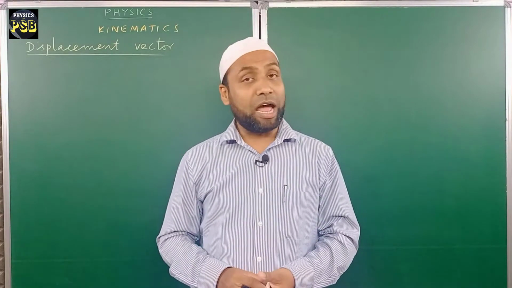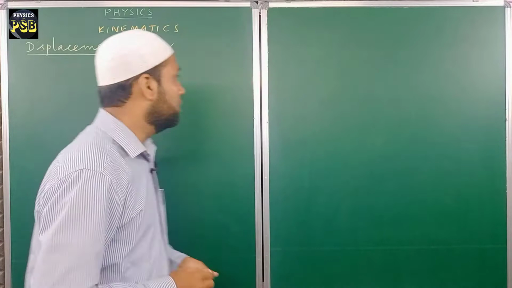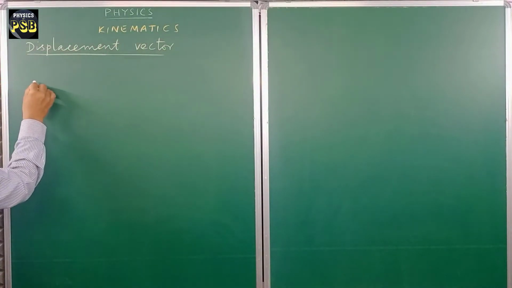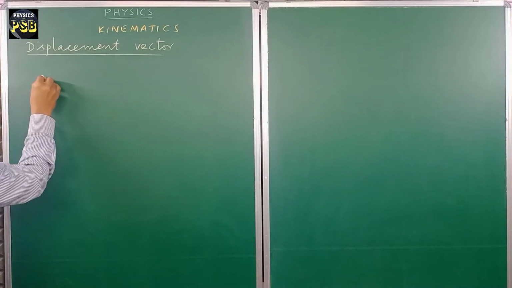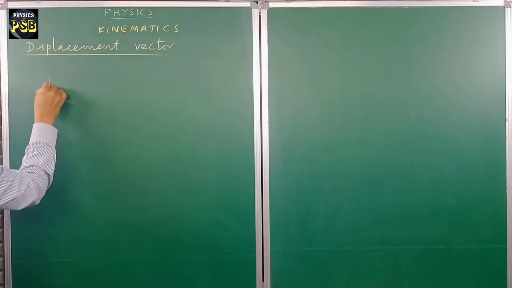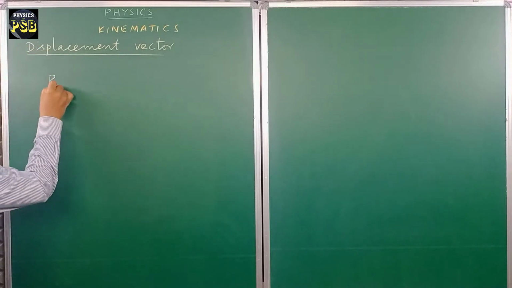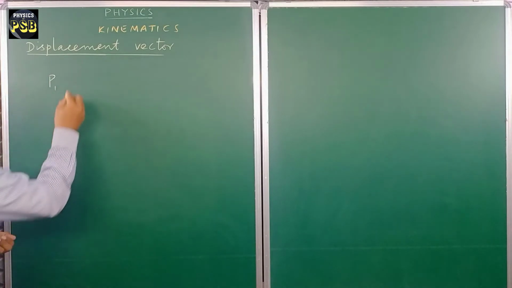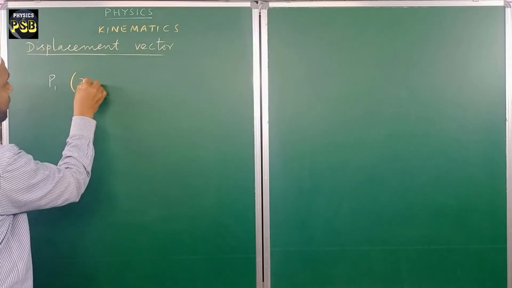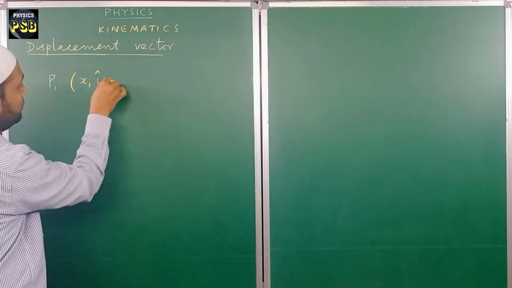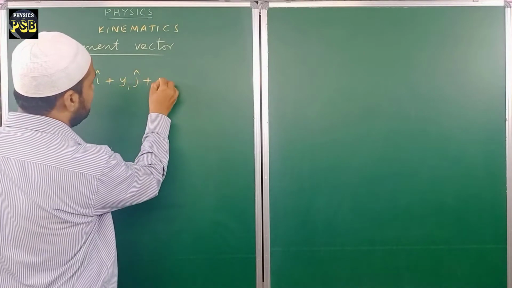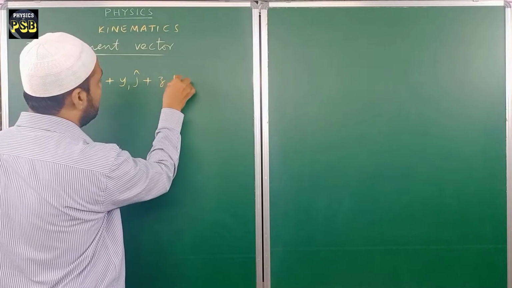For that, I consider an object whose position is P1 at any given time. See, I consider an object which is at a point P1 where the position vector is given as x1 i cap plus y1 j cap plus z1 k cap.